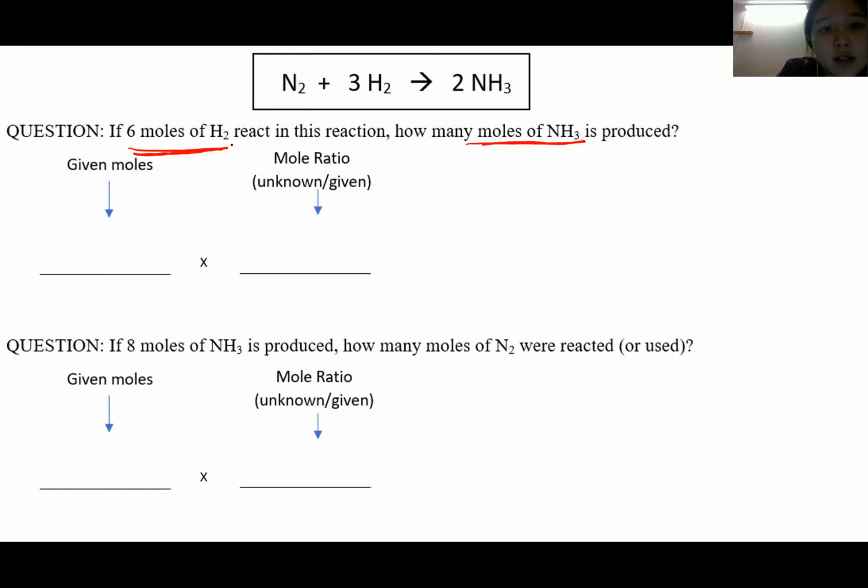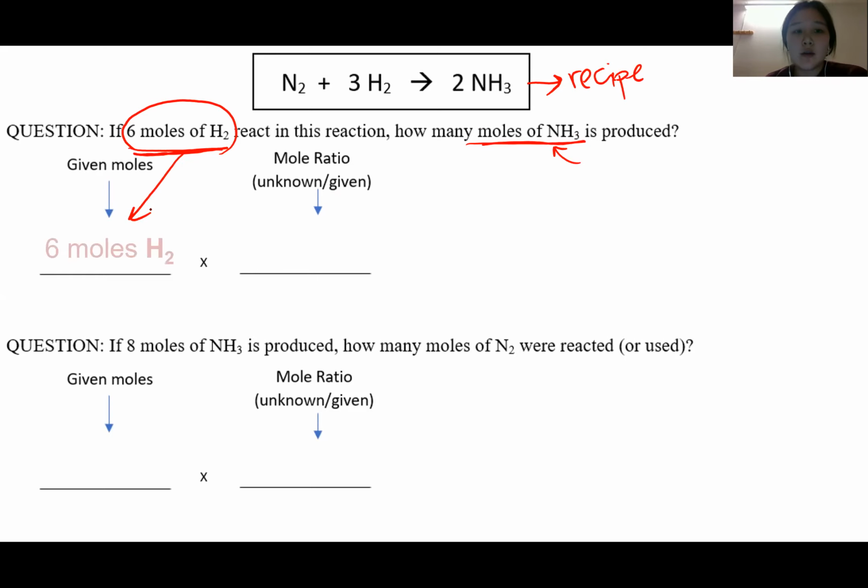We're given 6 moles of H2 and we're trying to figure out how many moles of NH3 are produced. We're given this reaction equation, so we can call this our recipe, just like our sandwich example. The given moles is 6 moles of H2, so that's given to us.